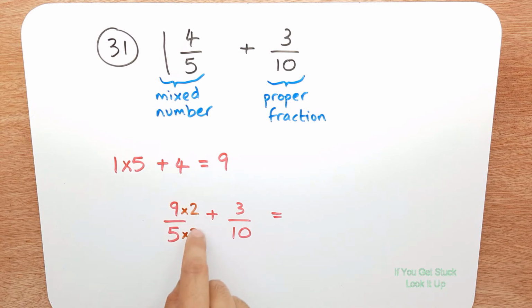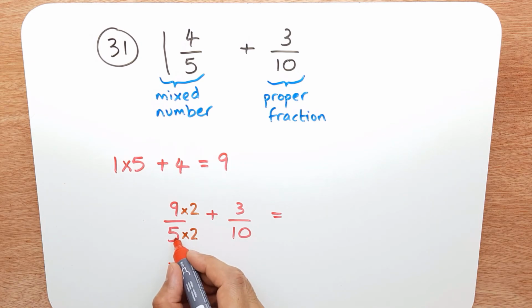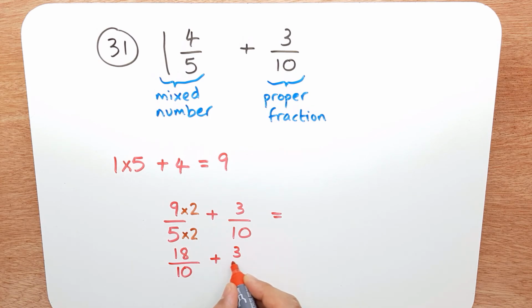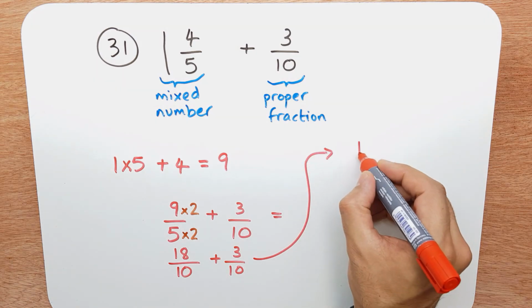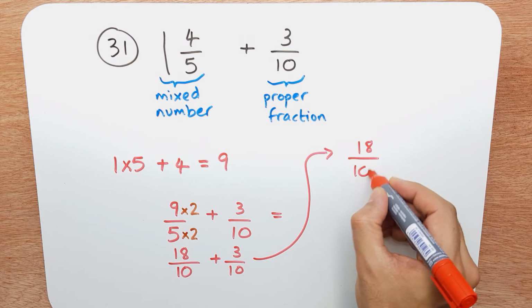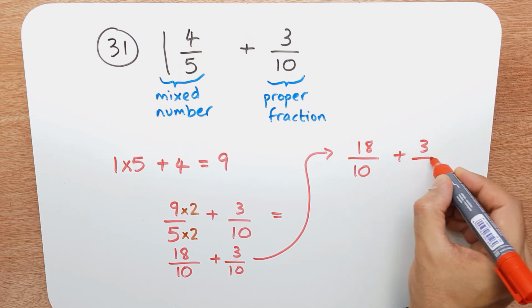So this fraction now becomes 9 times 2, which is 18, and 5 times 2, which is 10, plus 3/10. So 18/10 plus 3/10.